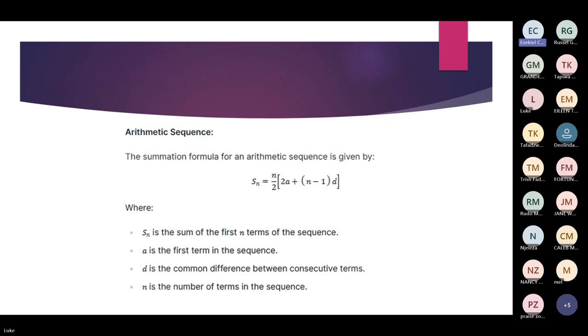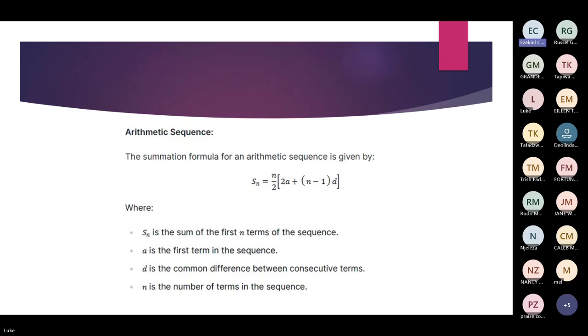If you are being asked to find the sum of the first n terms of a given sequence, what you need to do is know whether the sequence is an arithmetic or a geometric progression. If it is an arithmetic sequence like this, you can just use the sum to n formula, which is Sn equals n over 2 times (2a plus (n minus 1) times d).